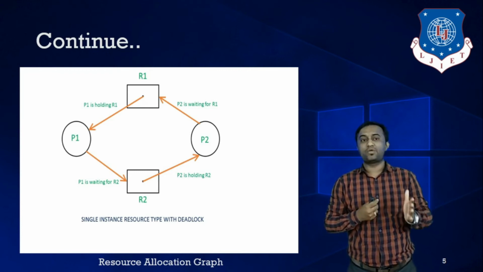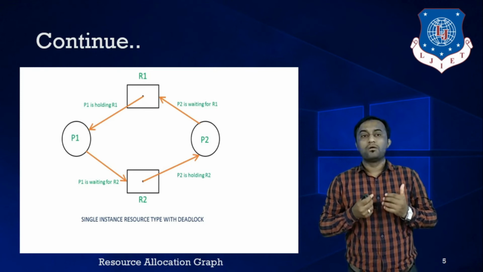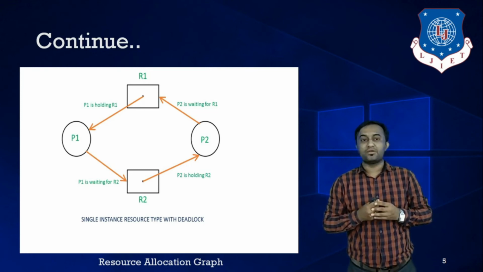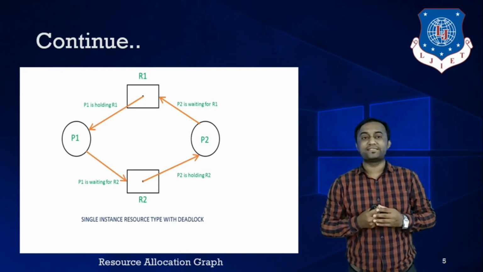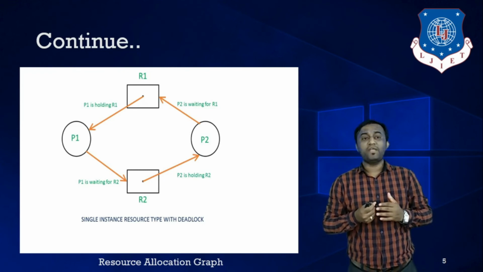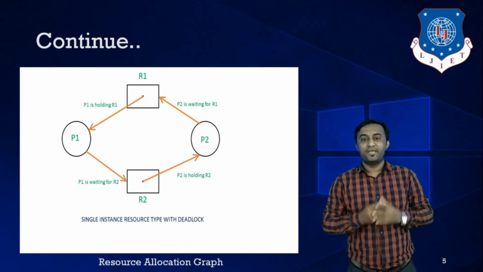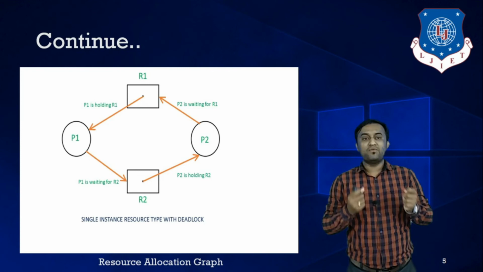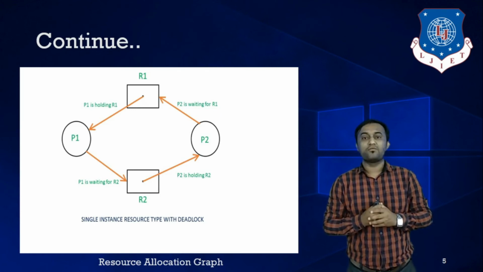A requesting edge means, in this case, P1 is requesting the R2 resource for its own execution, and P2 is requesting the R1 resource. In the same way, as far as holding edges are concerned, P1 holds R1 and P2 holds R2. So in this scenario, P1 and P2 require both R1 and R2 for their execution.